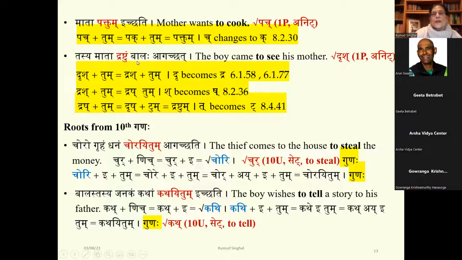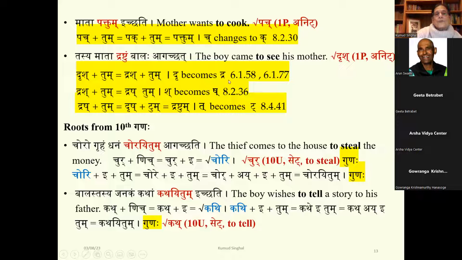What are the rules which are applied here? You have drish plus tum. There are two rules which apply here, which I'm not going to go into. So this ri becomes ra, the repha, dra, right?